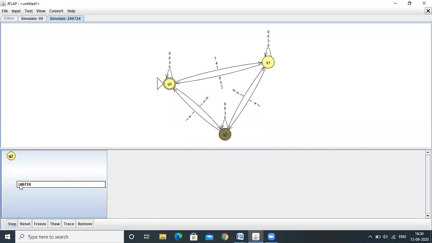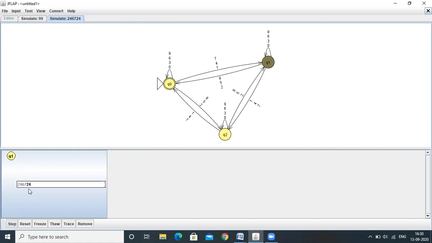Q0 on 2 is moving to the Q2 state, because 2 modular division 3 has remainder 2. Q2 on 4 is moving to the Q0 state. 24 is divisible by 3, so it reached the Q0 state. 246 is also divisible by 3, so it reached the Q0 state only.